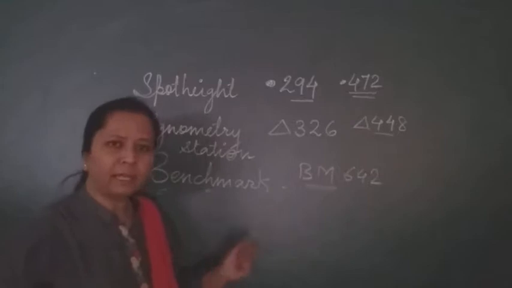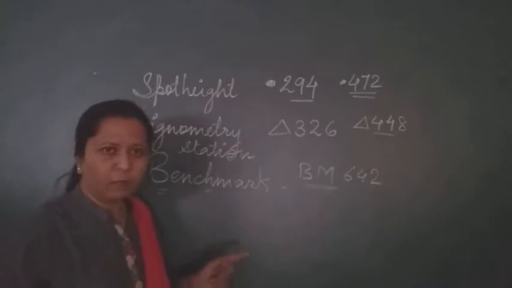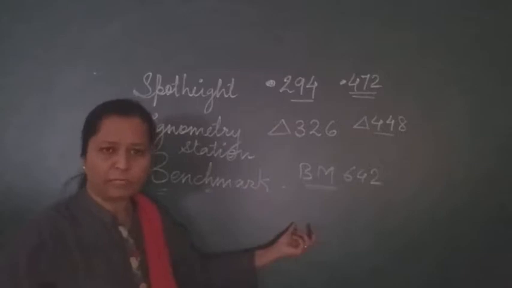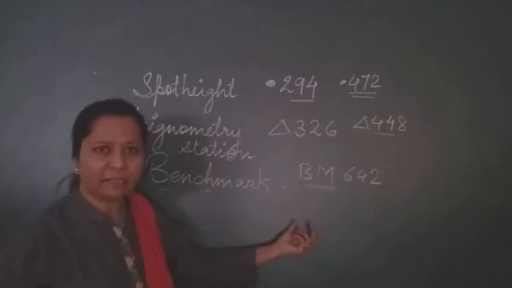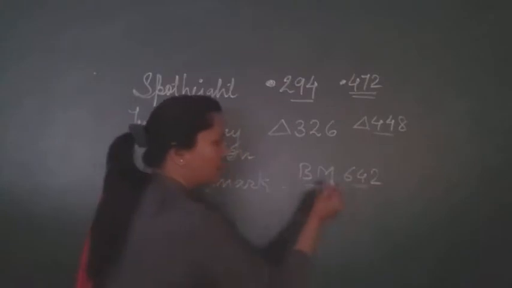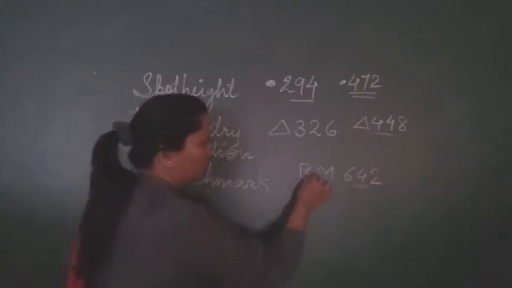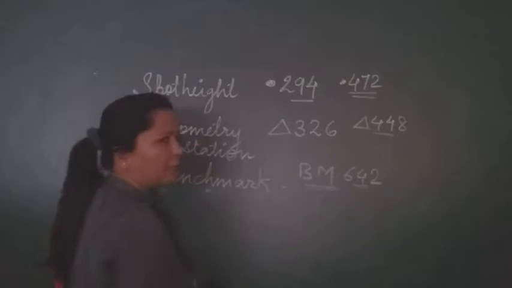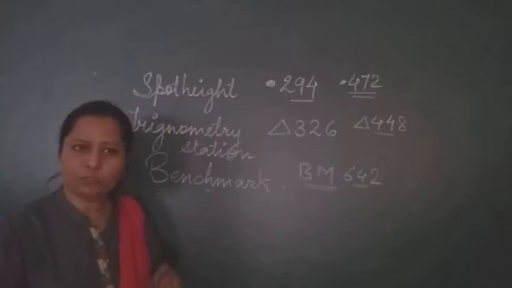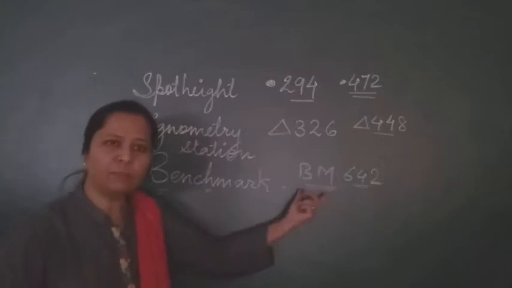It means that the area has been surveyed. Whichever stone or building is at that place, the height of that area is noted with BM, that is benchmark. It is cut on a building or a stone and then the number is written with BM.